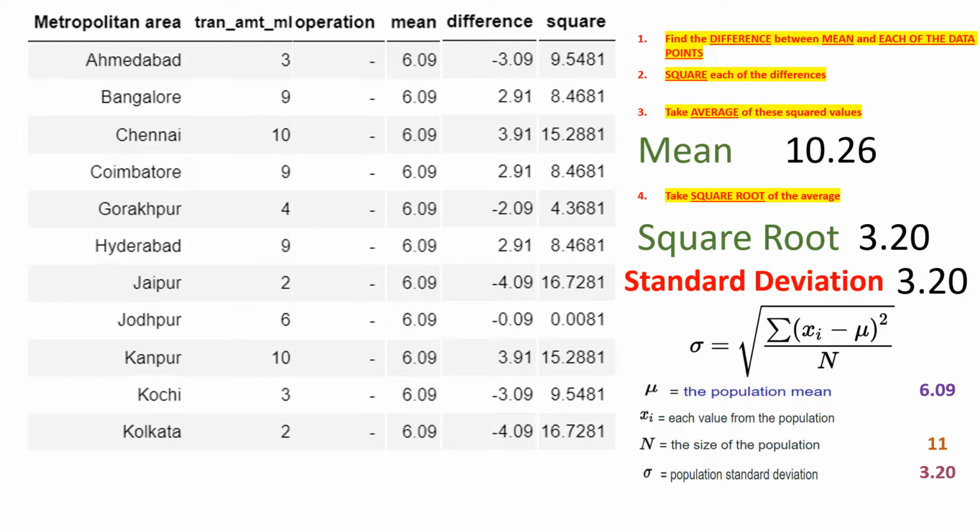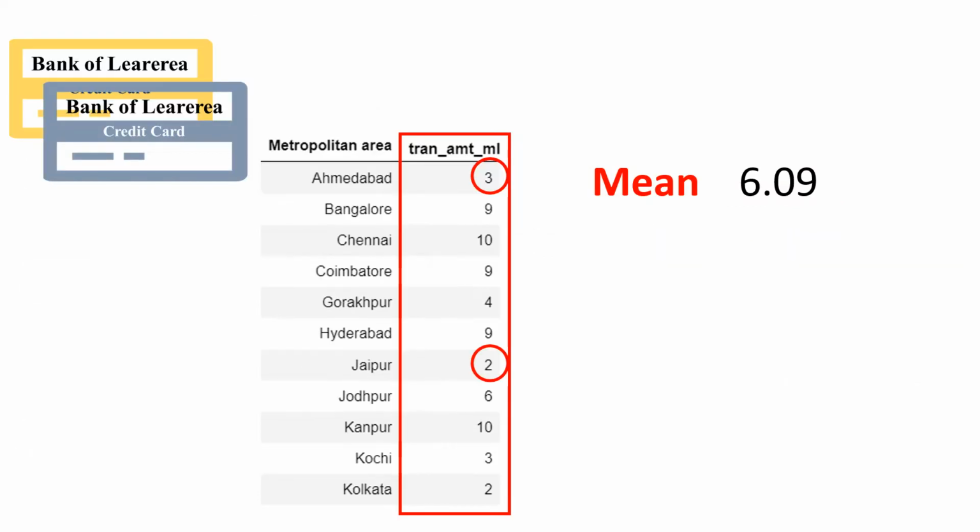Now let's go back to our old story. Here we had a mean of 6.09, and now because you have summarized it on the mean, the other point which you want to add is 3.20. So when you are presenting, you can simply say that look, the average transaction amount in each of these metro cities is 6.09, but this has a dispersion or variability of 3.20, isn't it?